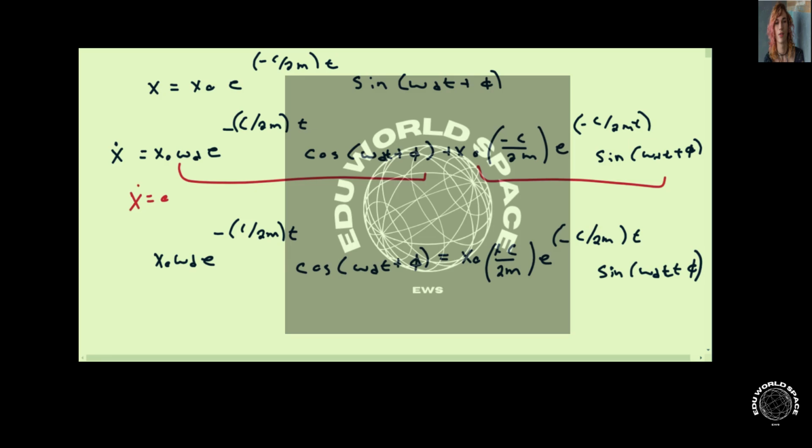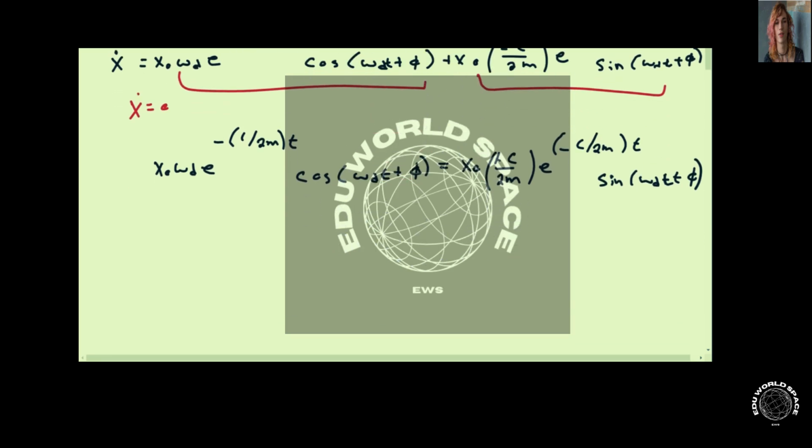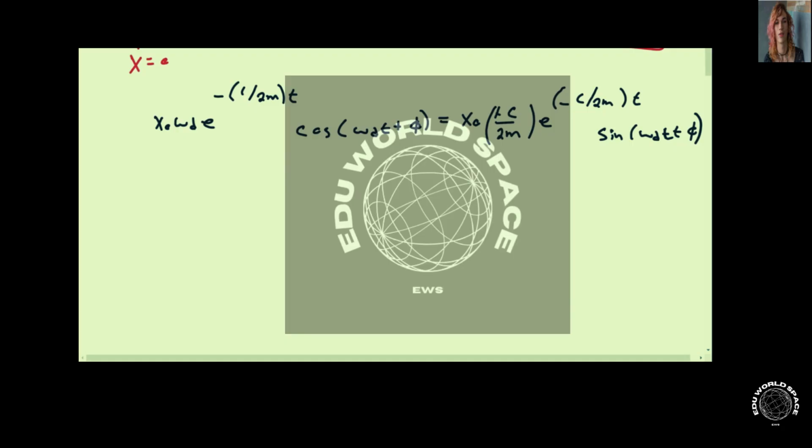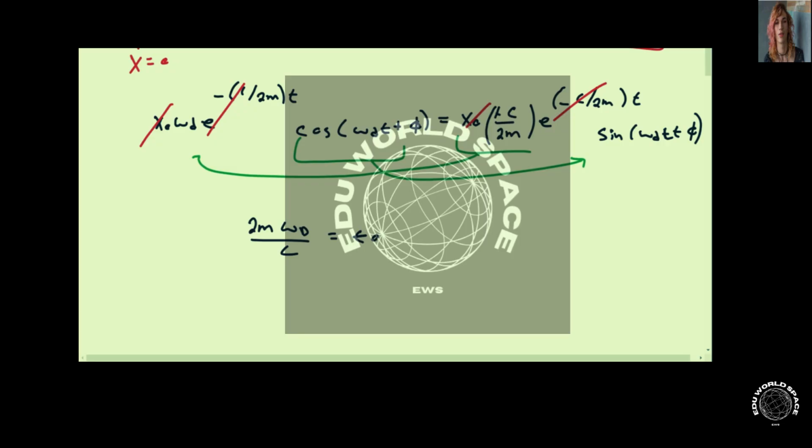I really do not like it when you have t's and pluses next to each other. Worst symbols here. So we're going to bring this over here and this over here, and we know that this and this cancels out. So we're left with 2m omega d over c equals tan of omega d t plus phi.